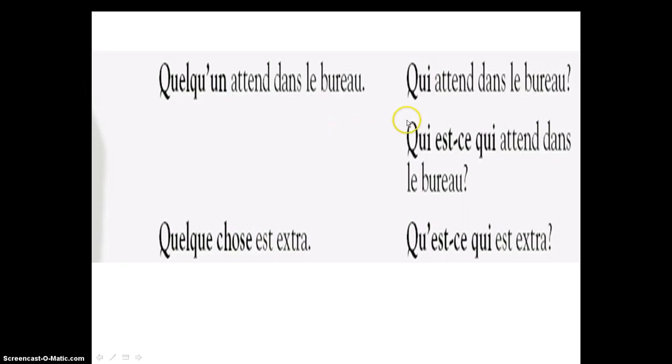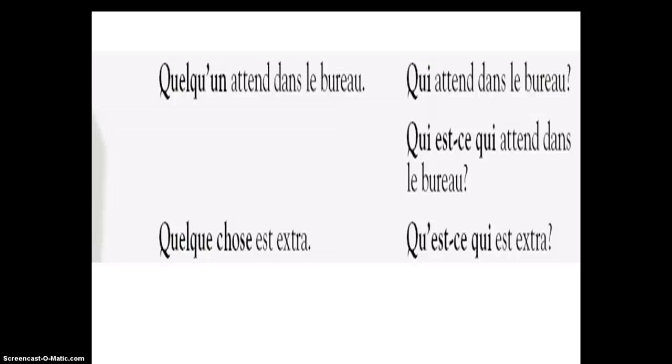Here I'm going to use "qui attend dans le bureau." But as I said in class, you can use either qui or qui est-ce qui. Whenever you use qui est-ce qui, remember when we learned in French 2 asking questions, the est-ce que works with every type of interrogative pronoun. So, "qui est-ce qui attend dans le bureau?" Who is waiting in the office? So we're getting this concept, right?